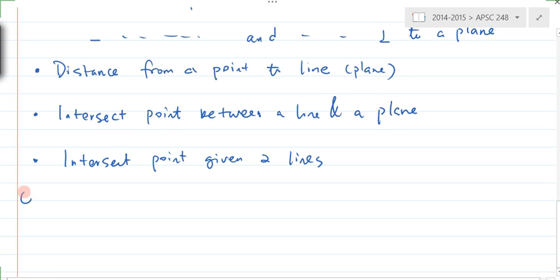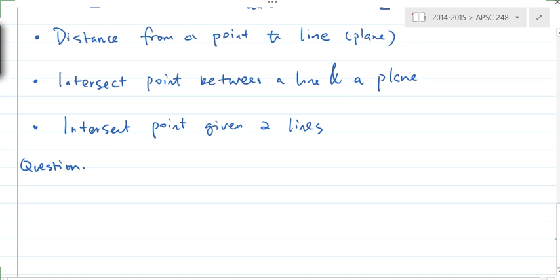Now let me ask you a question. We don't need to solve this question, but it's just a general way of thinking. Suppose a line goes through a point P naught and is perpendicular to a vector.